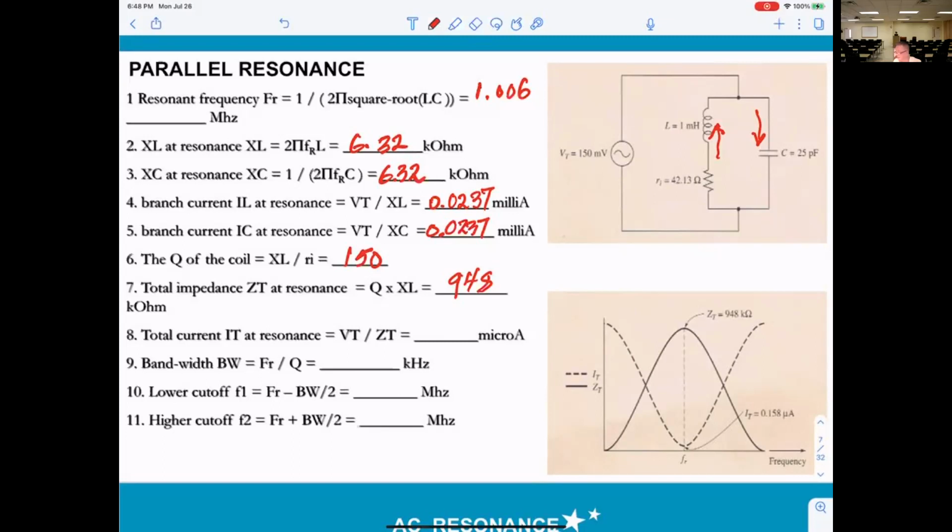I got 150 millivolts divided by 0.158. You take 150 millivolt divided by the total impedance, 948 kilo.